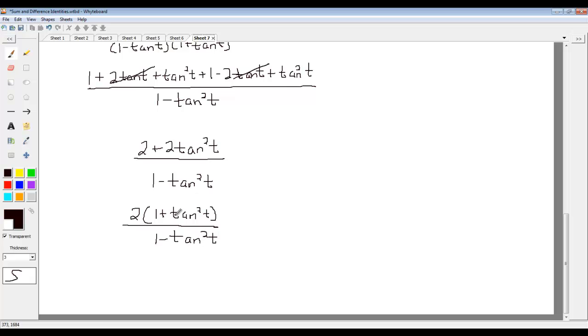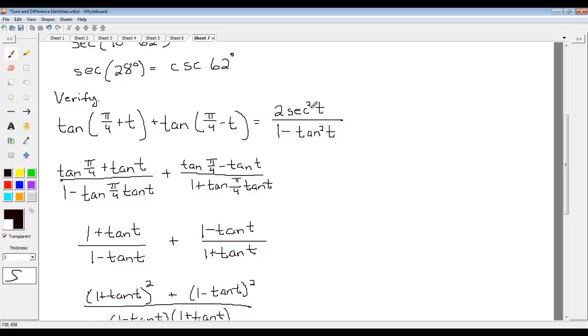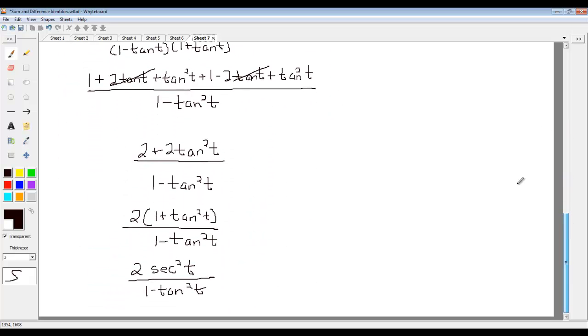But it turns out 1 plus tan squared t I know from past identities to be secant squared t. Whoa! Check that out. In the original problem, we were trying to verify that it equaled 2 secant squared t over 1 minus tan squared t. And there we are. We did it!